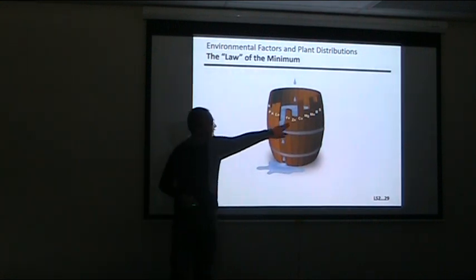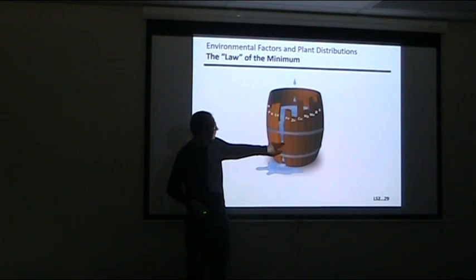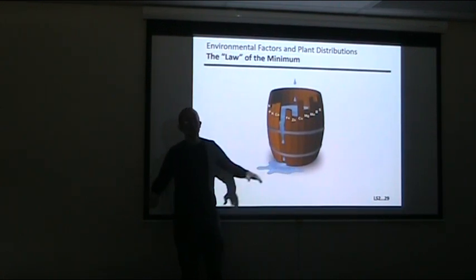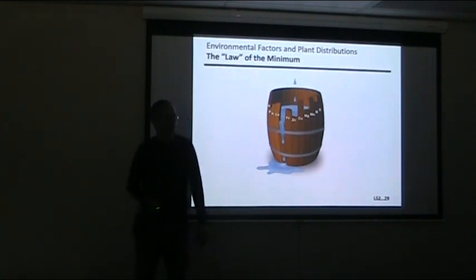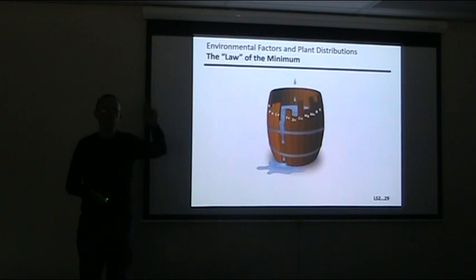So if zinc ends up in high demand, and suddenly there's a massive zinc depletion and it drops down to over here, then all your water's going to fall out and your biomass or rate of production goes down. So that's the law of the minimum. It's one single factor.